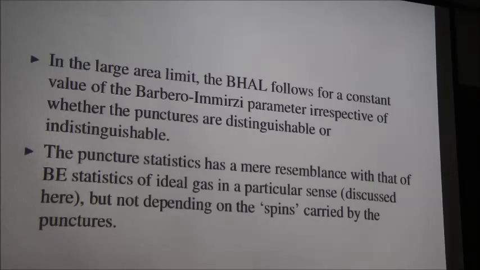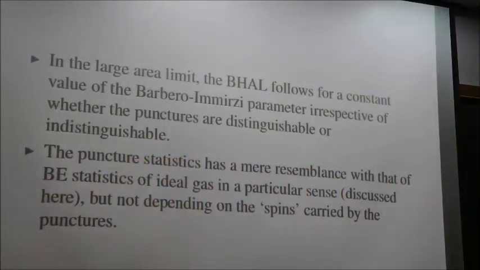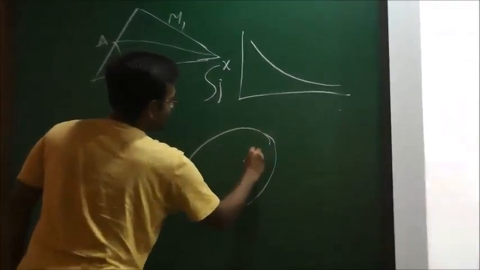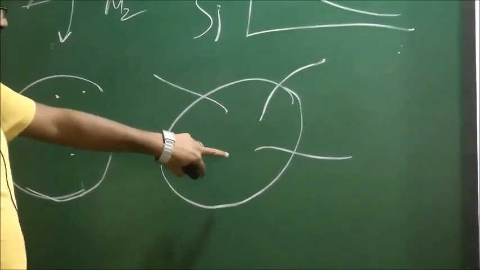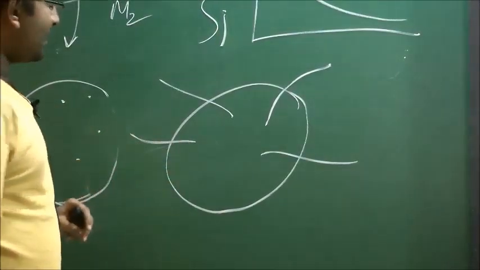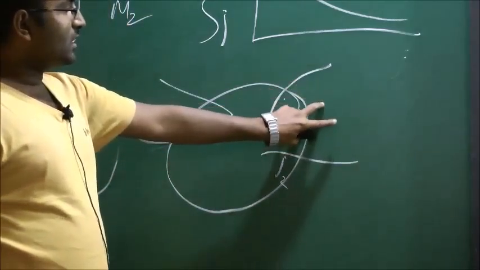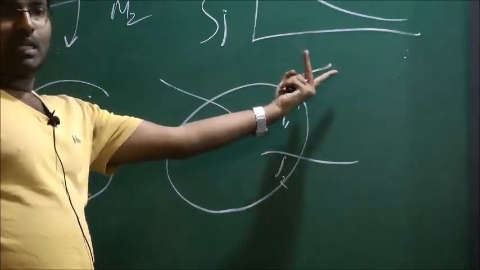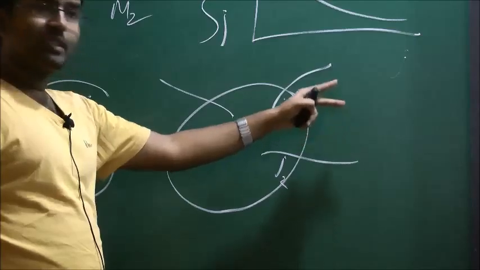Generally these punctures are considered to be distinguishable in the full theory, due to the fact that if we change this J1 and J2, this changes the quantum state, the quantum spin network in the bulk. So that's how that becomes two physically distinguishable states in the quantum theory.